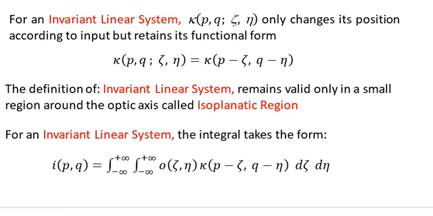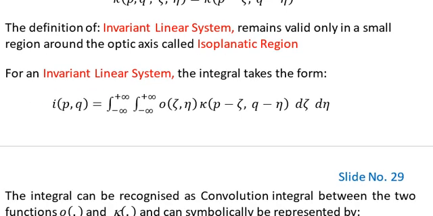It means that this definition is applicable only to a small region around the optic axis, which we call the isoplanatic region or the paraxial region. So we shall be considering kappa as unchanged in its functional form when we are in the isoplanatic region or in the paraxial region.